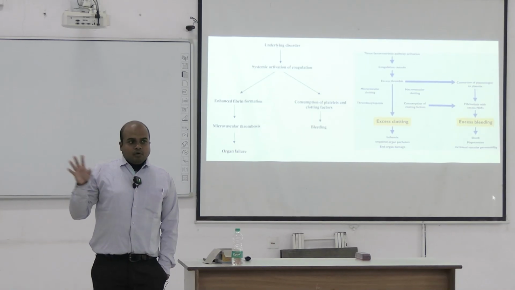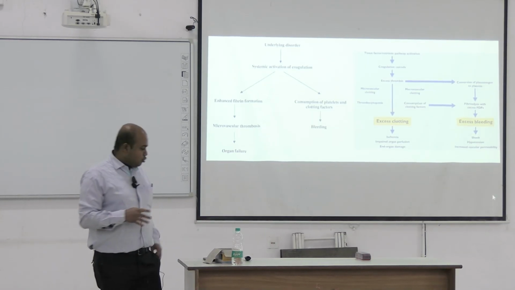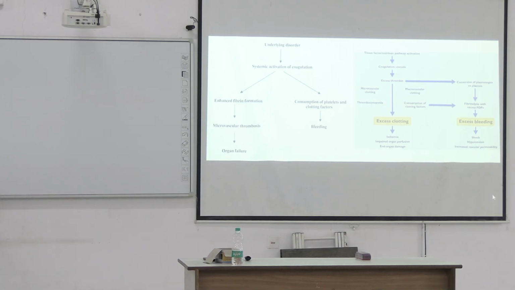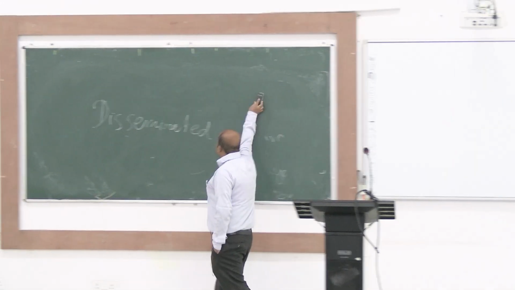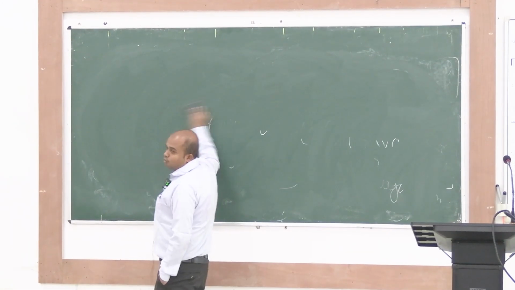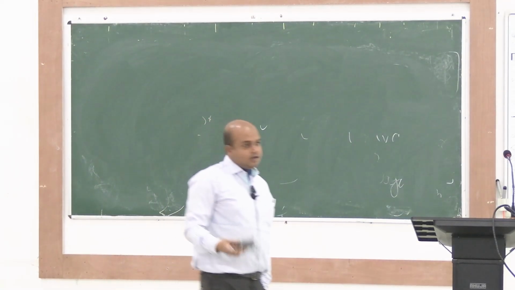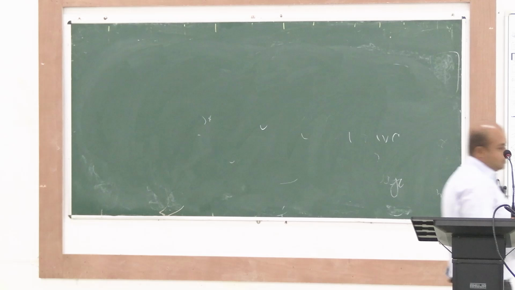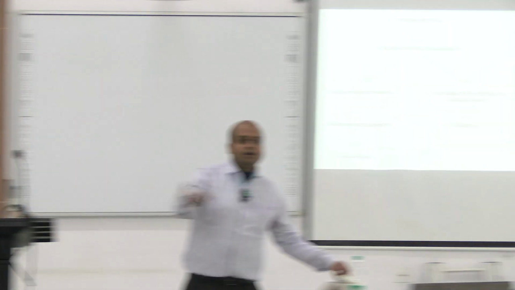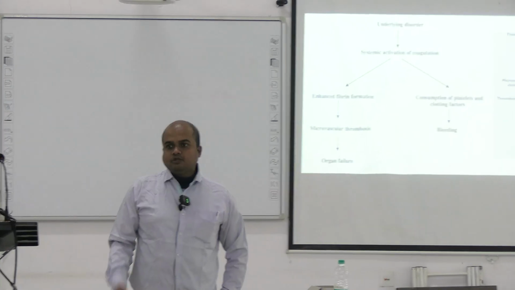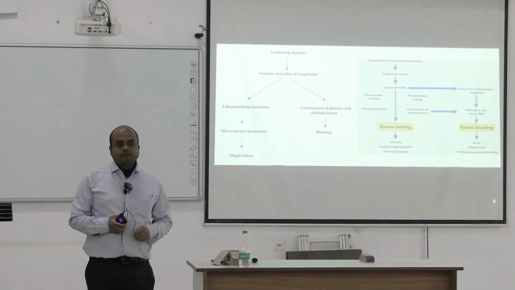Just to mention the basic concepts of it and some of the conditions, you will study it somewhat in detail in medicine, and then if you do a post graduation in medicine or a postdoctoral in hematology, then these will be discussed further, or you will have to know.